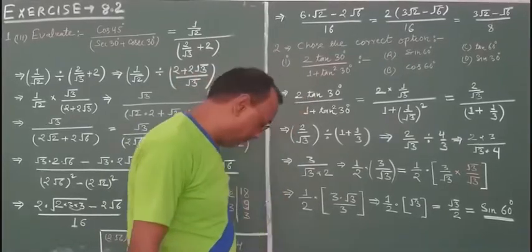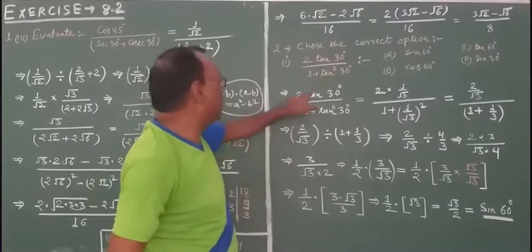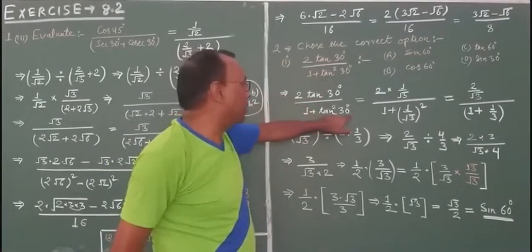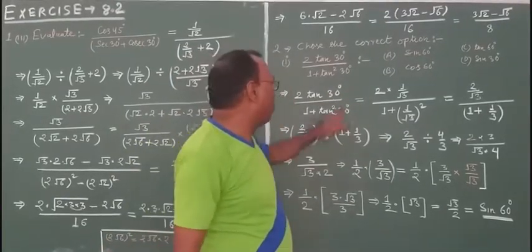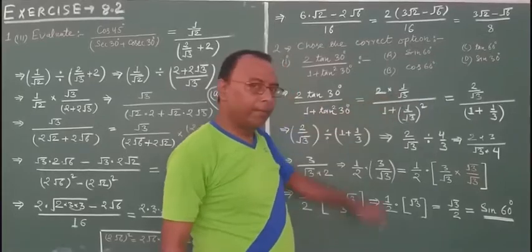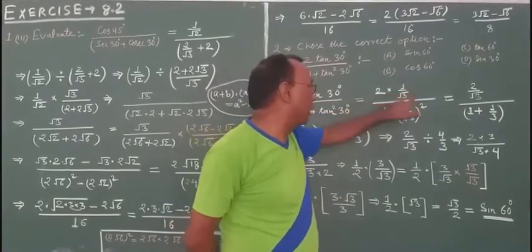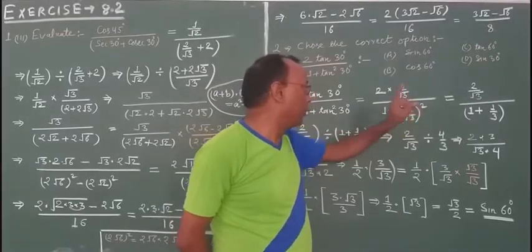So simply what we have to do now is put all the values. 2 tan 30 upon 1 plus tan square 30. What is the value of tan 30? 1 upon under root 3. So it will become 2 multiplied with 1 upon under root 3 divided by 1 plus 1 upon under root 3 whole square.